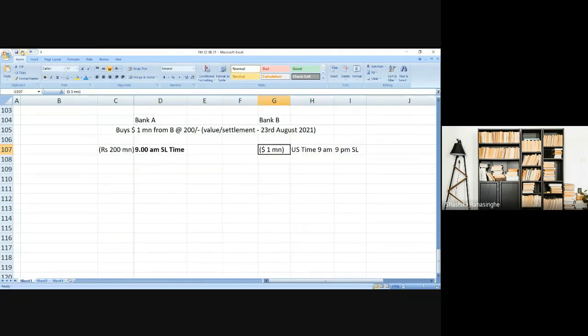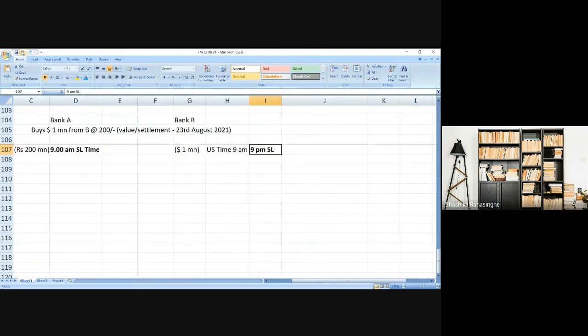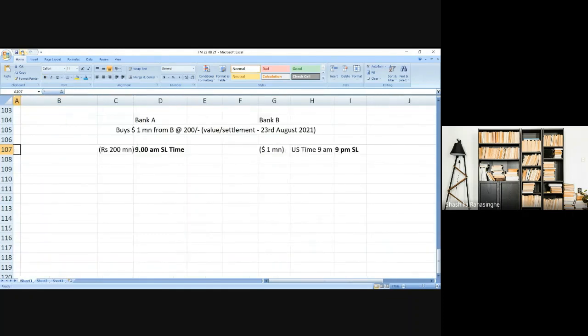But B is giving $1 million to A 12 hours after that. Correct? There's a 12-hour gap. Now, between these 12 hours, anything can happen. 12 hours is a long time in financial markets. There is no guarantee that B will pay A during that time.